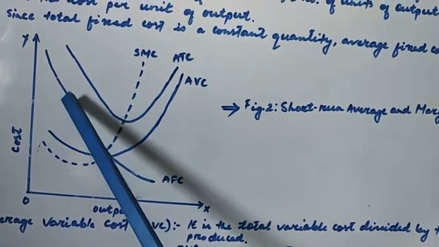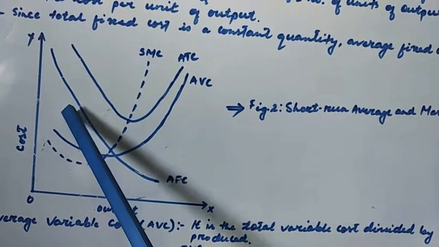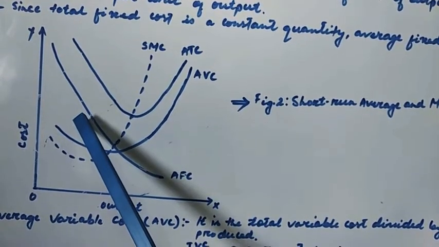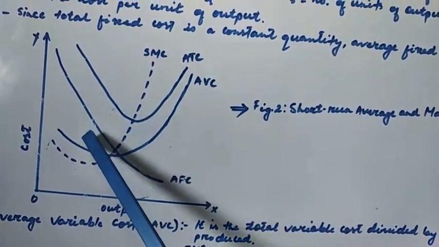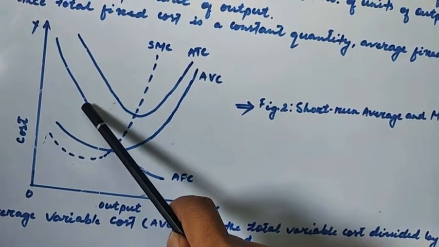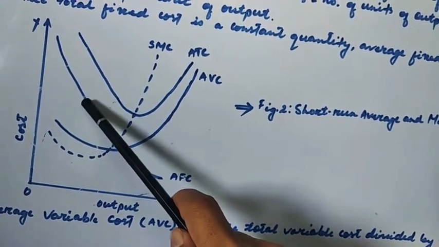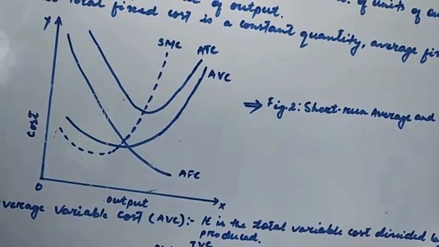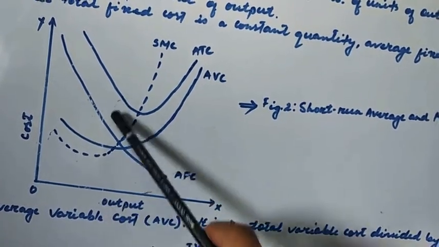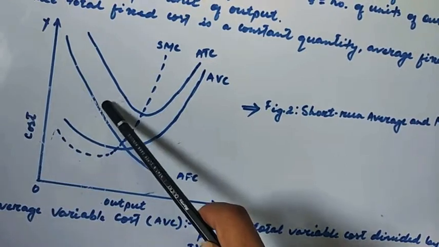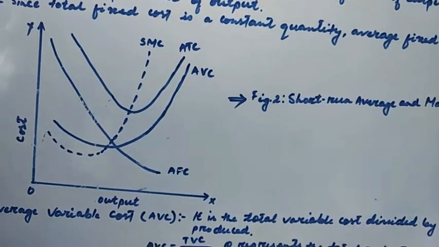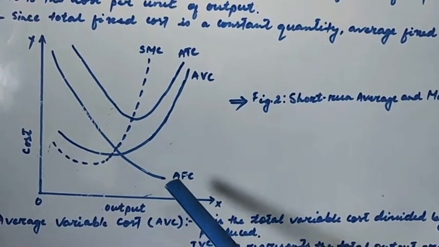You take any point on this curve, multiply the average fixed cost with the corresponding output, and the product you get will be the same all throughout this curve. That is also another important property of average fixed cost.